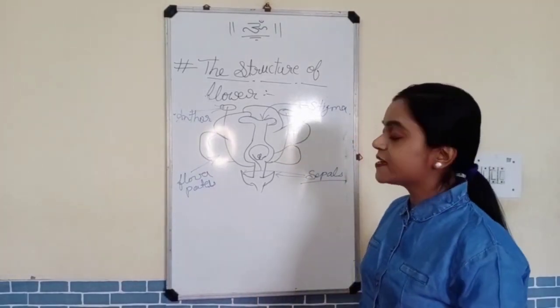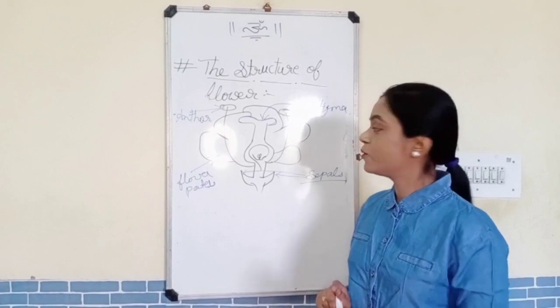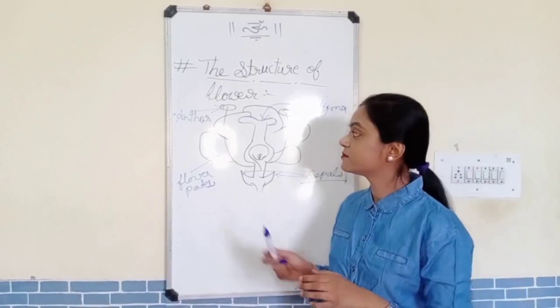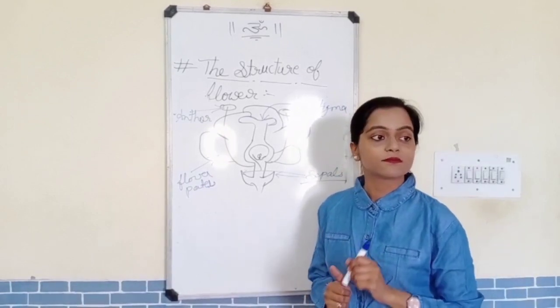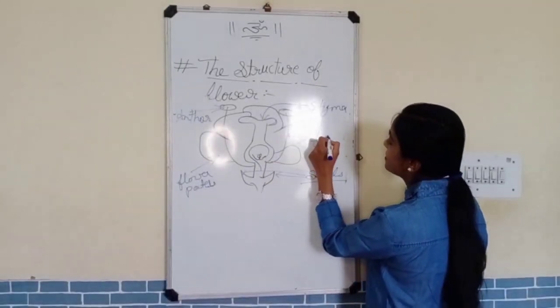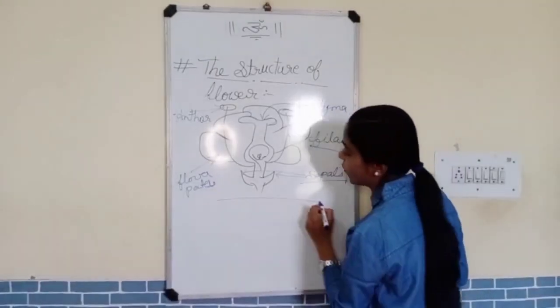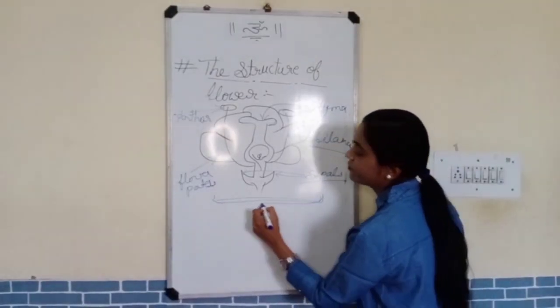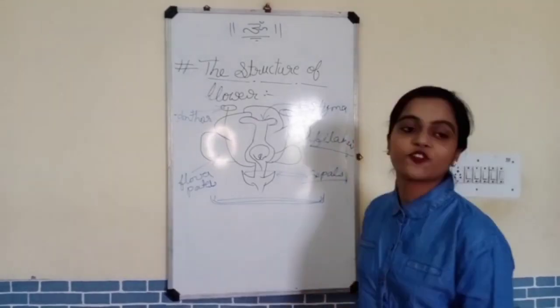And what are we missing? Who tell me? Yes, very good. There are filaments we have missed. So, we have completed the whole structure of flower.